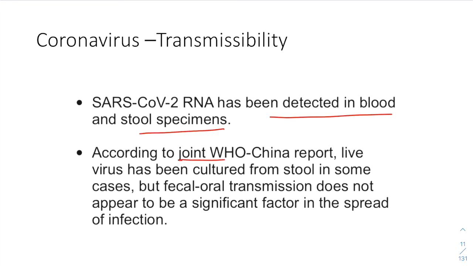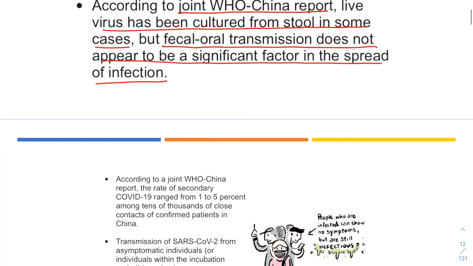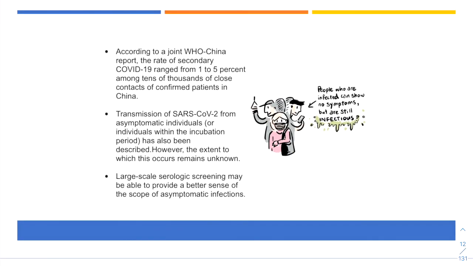According to the joint WHO China report, live virus has been cultured from stool in some cases, but fecal-oral transmission does not appear to be a significant factor in the spread of the infection. So the main mode found till now is only respiratory droplets.